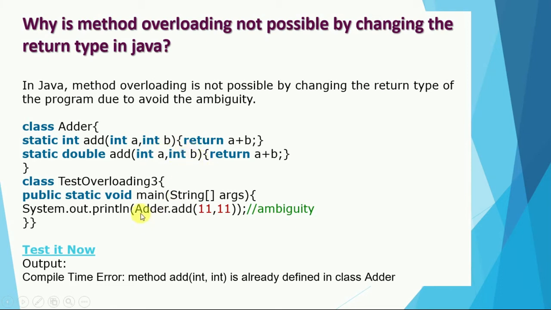So by changing the return type in Java, we can't apply method overloading, because it will throw an error. As you can see, method add(int, int) is already defined in the class Adder. There is ambiguity and confusion if you try to compile a program in which you change only the return type to implement method overloading.